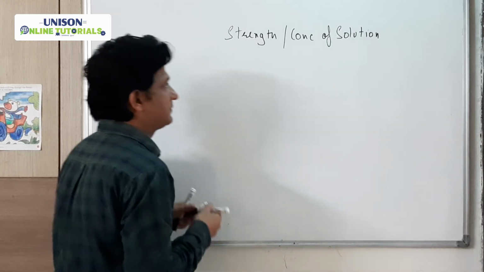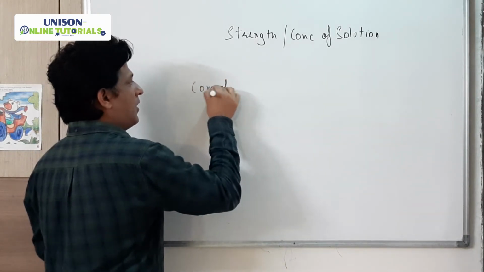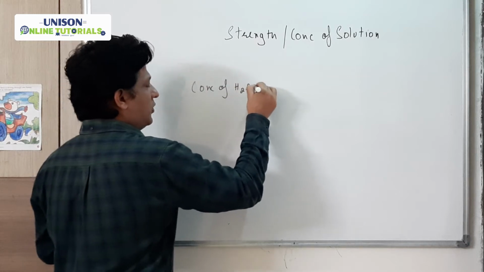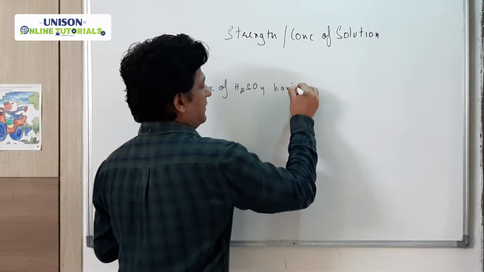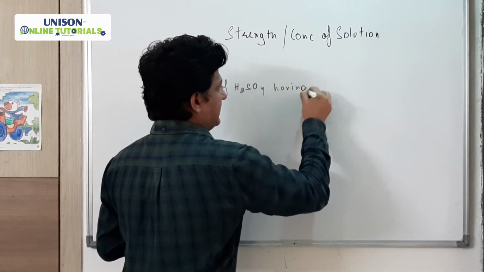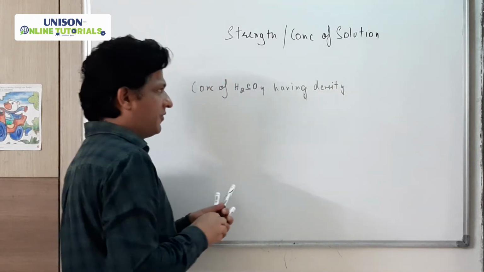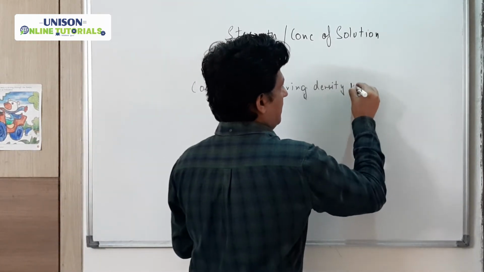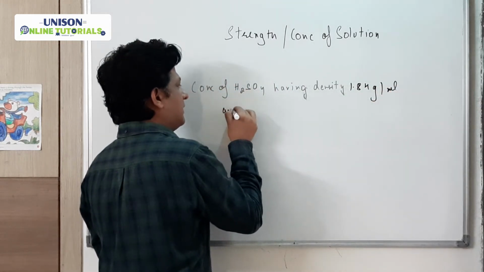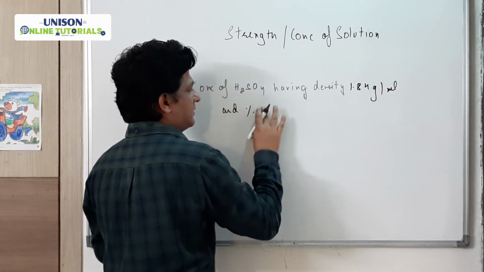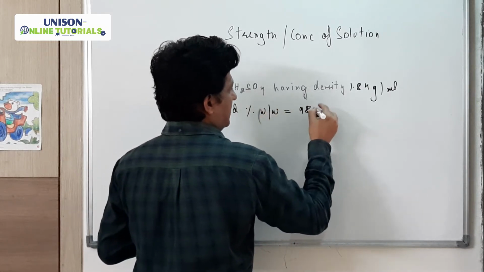Clear? Next, let's see a question on molarity. Concentration of H2SO4 having density of 1.84 gram per ml and percentage weight by weight is 98%.